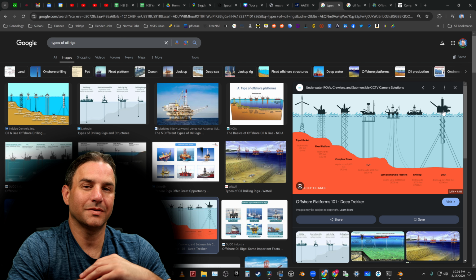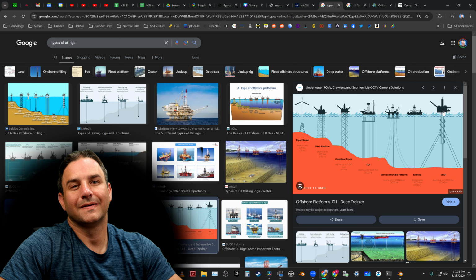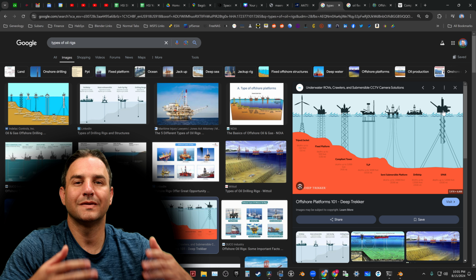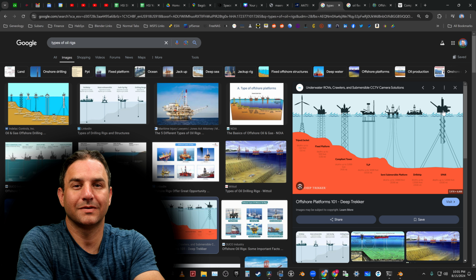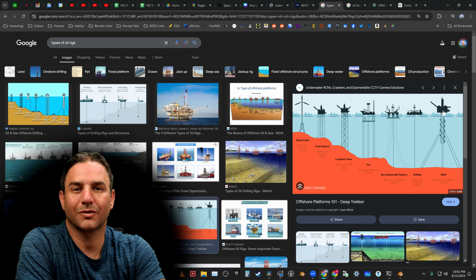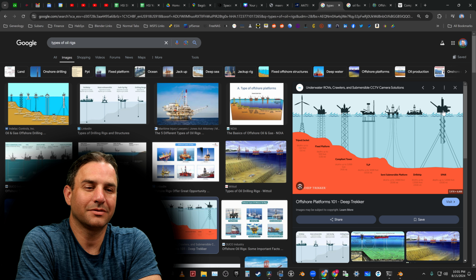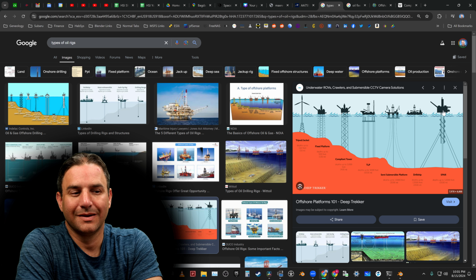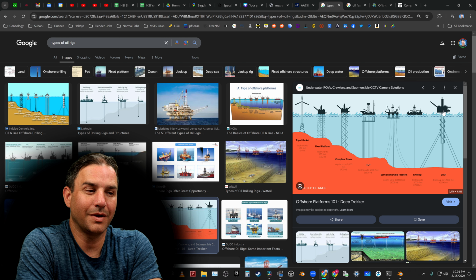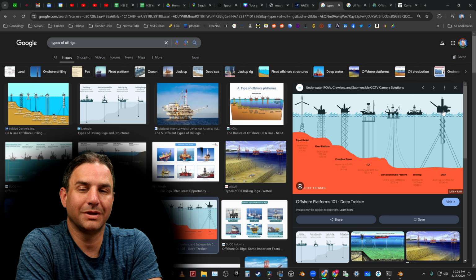Now, let's talk about the cost of these things. In general, the largest oil rigs are pretty much always in the billions of dollars now. And obviously, the oil and gas industries can afford multi-billion-dollar structures. It's not just the cost of building it, but also the cost of installing it, and then especially the cost of maintaining it.